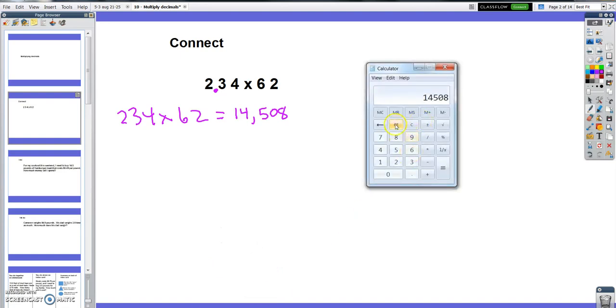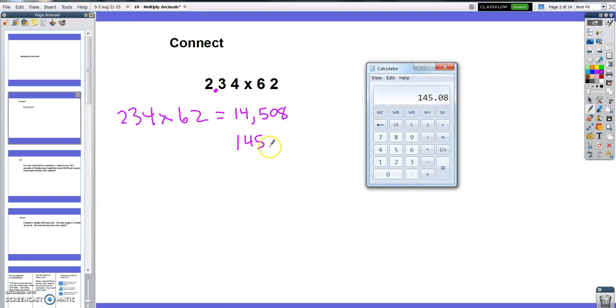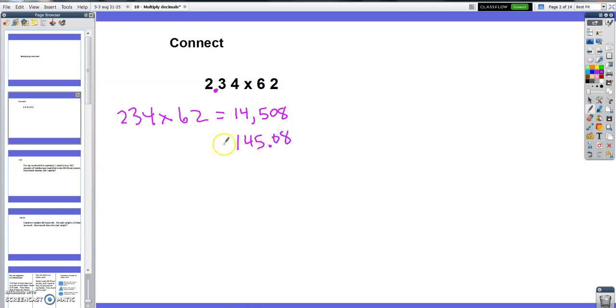I'm going to multiply 2 and 34 hundredths times 62. Same digits: 2, 3, 4, 6, 2. But now I threw a decimal in a random place, and I get 145 and 8 hundredths.